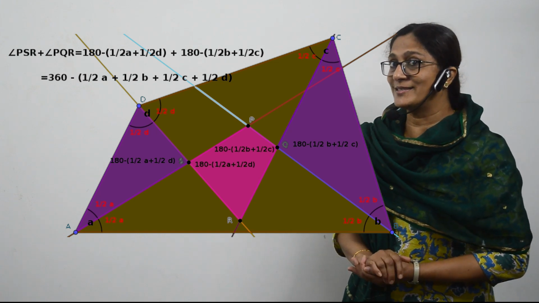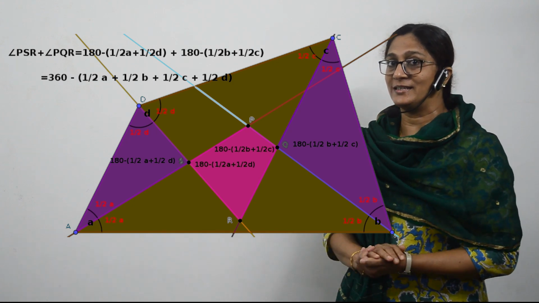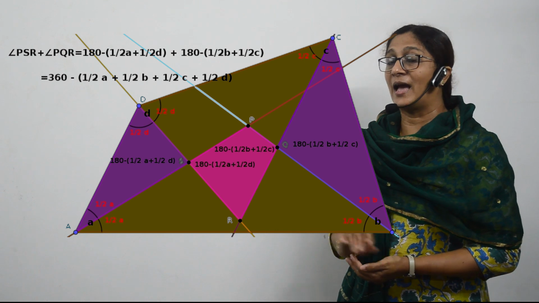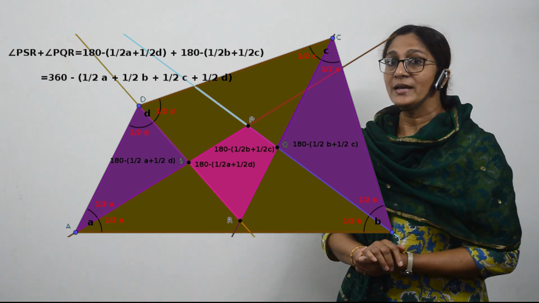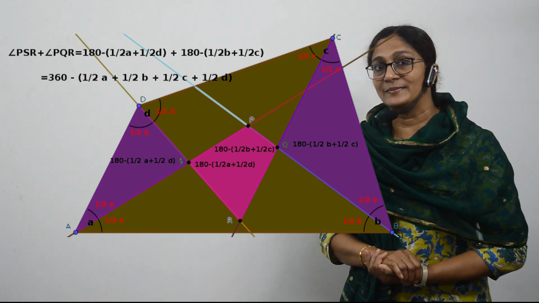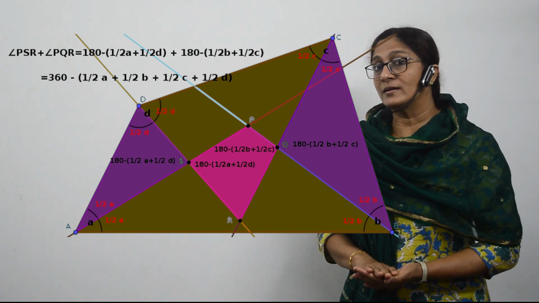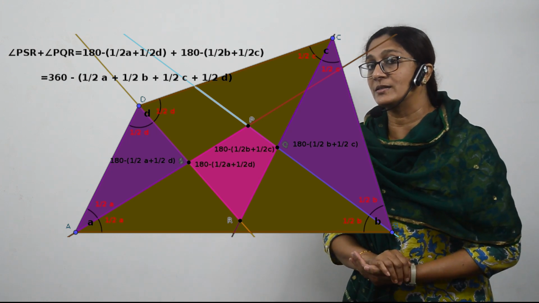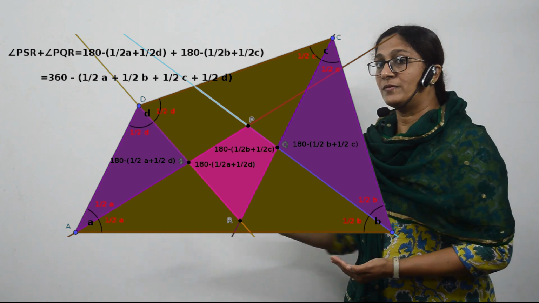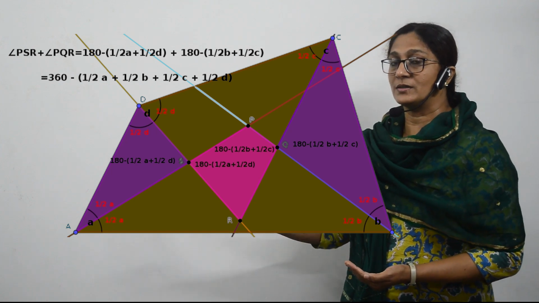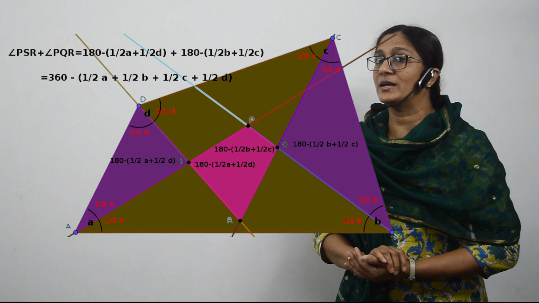Now A, B, C and D are the angles of the outside quadrilateral ABCD. A quadrilateral has 4 angles and their sum is 360 degrees. So A plus B plus C plus D is 360.